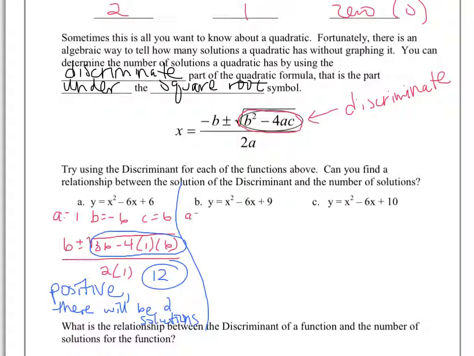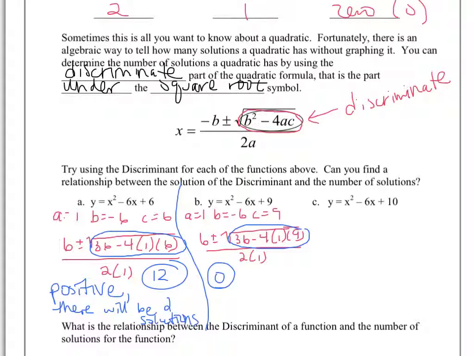So A is 1, B is -6, C is 9. So -b plus or minus the square root of b squared minus 4 times a times c, over 2a. Again, just looking at the part underneath, the discriminant, I have 36 minus 36, which is 0.